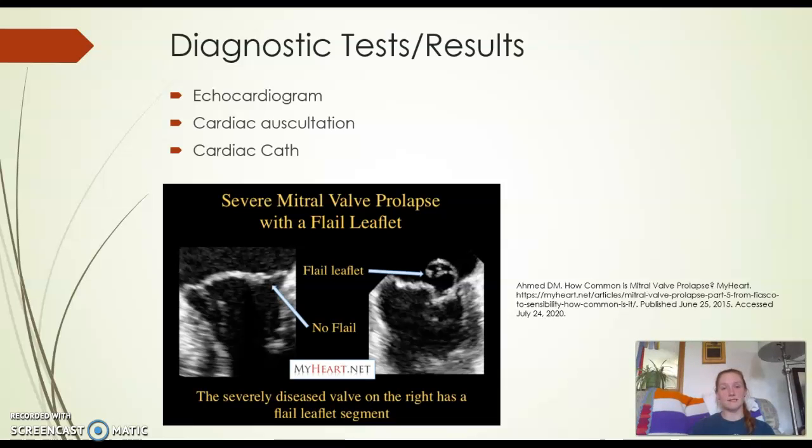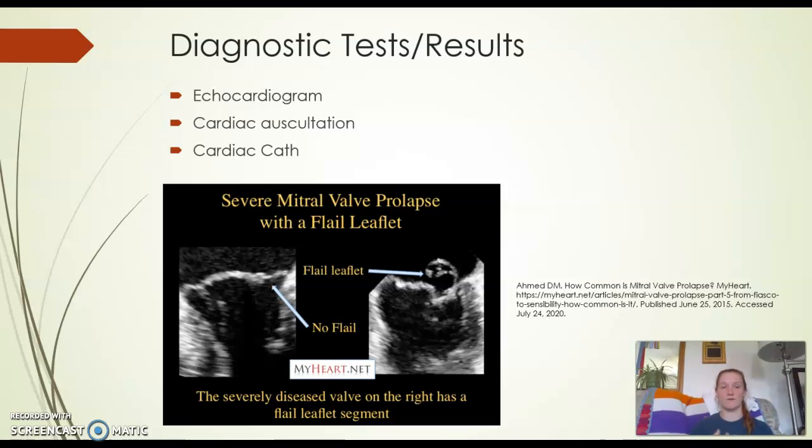Another diagnostic test is a cardiac cath, and this is normally how it's found basically by accident, when they're maybe looking for something else or going in to do a heart stent or just to see if there are areas that need to be worked on. They can look at the valves and see that there are issues with them.